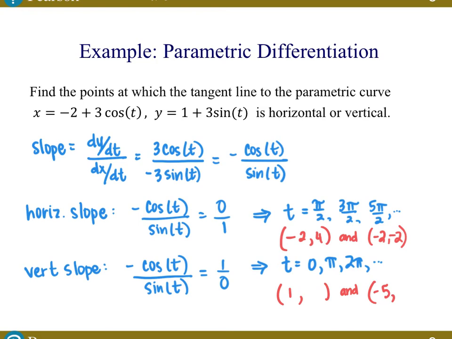Now the y values are going to stay consistent. If I plug 0 or 2 pi or whatever, I'm always going to have 1 as my y value. So those are the 4 points. These are around the edges of an ellipse, because if you look back at this, this is going to form an ellipse. So these are the north, south, east, and west poles of the ellipse, and this is where we'll have horizontal or vertical little tangent lines to this parametric curve.